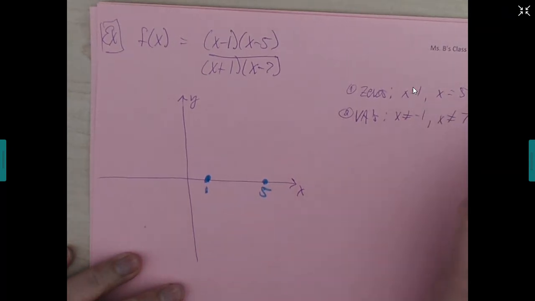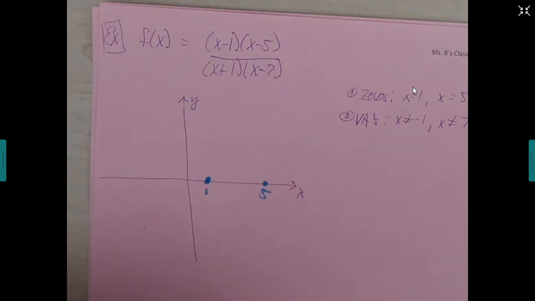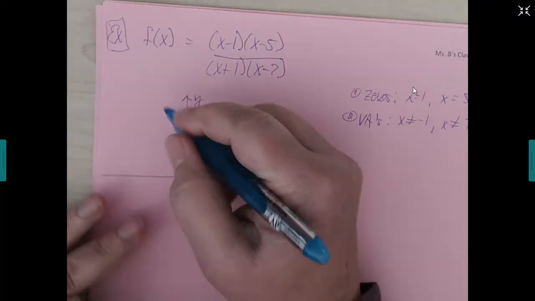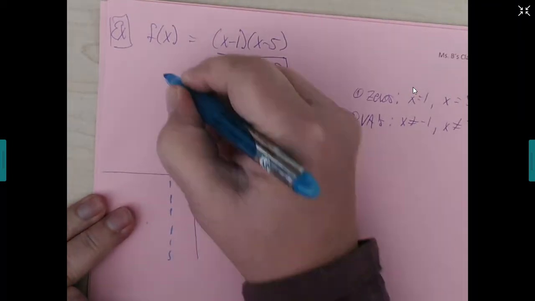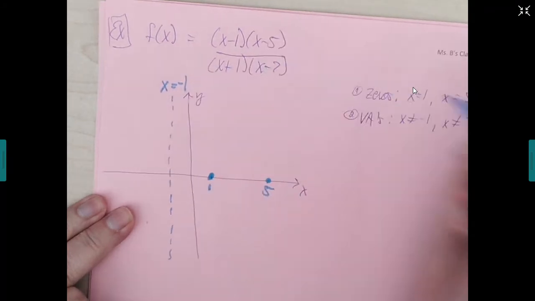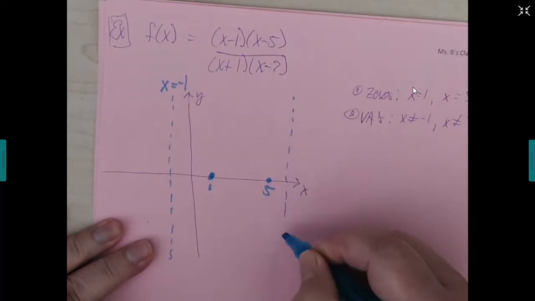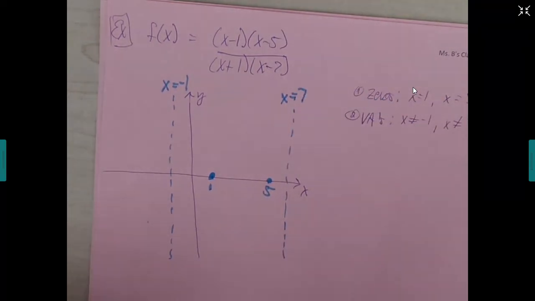Otherwise, you would have an undefined case down here. So let's put some vertical asymptotes in at -1. Okay, x equals -1, and then one at 7 over here. Again, this is not drawn to scale or anything. There's x equals 7 right there.